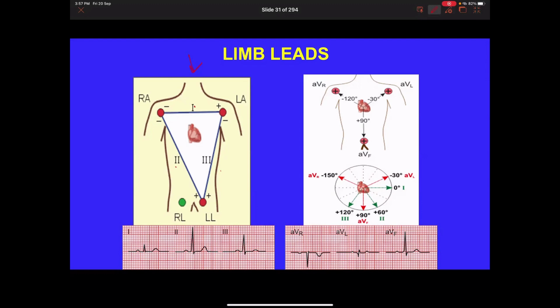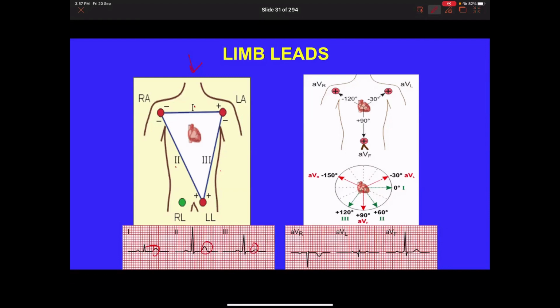Okay. So these leads are exactly what we discussed in the beginning. They sense the electricity going in which direction, and we have a positive end and a negative end. If the depolarization of the heart is going towards the positive, it will deflect up on the ECG, like here.